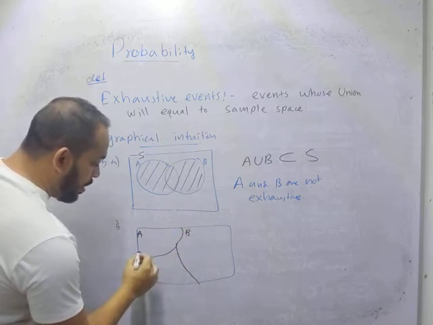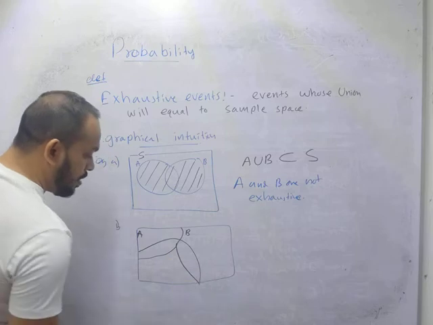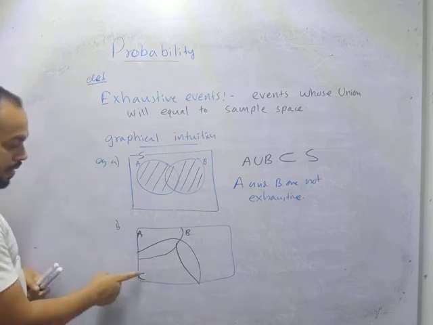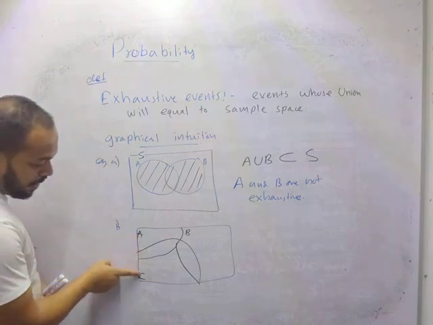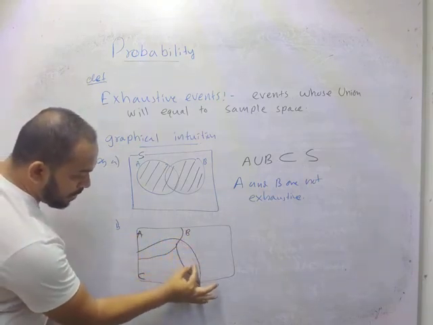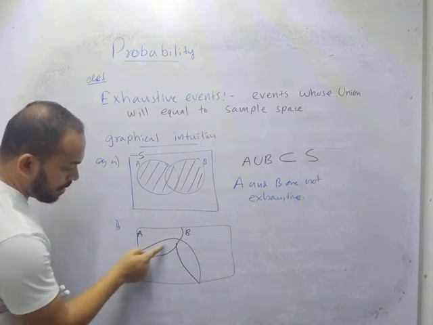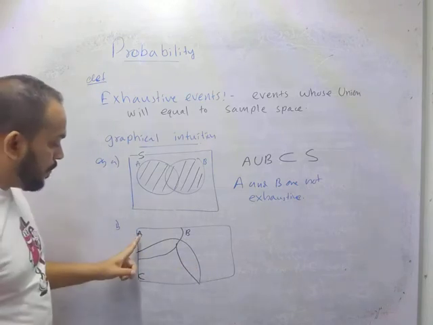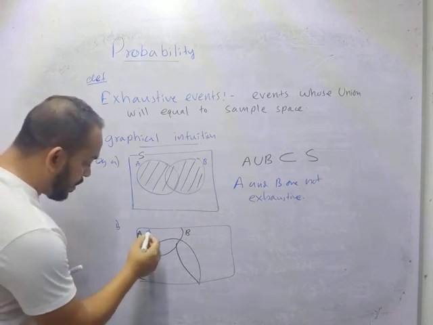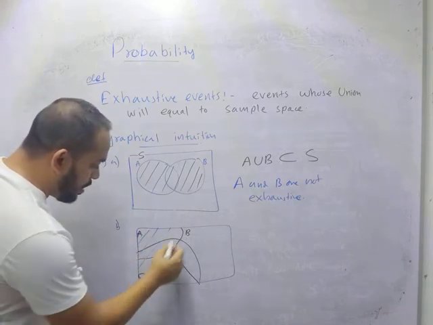And there's another region like this. This region is C. So there is intersection between A and C, then B and C. This would be the intersection between B and C, and this would be the intersection between A and C. But if you take the union of all three, it means everything.